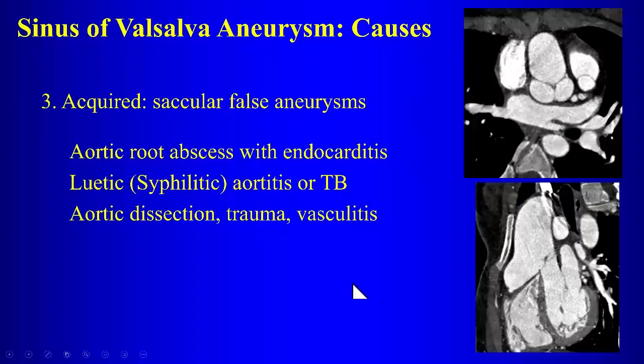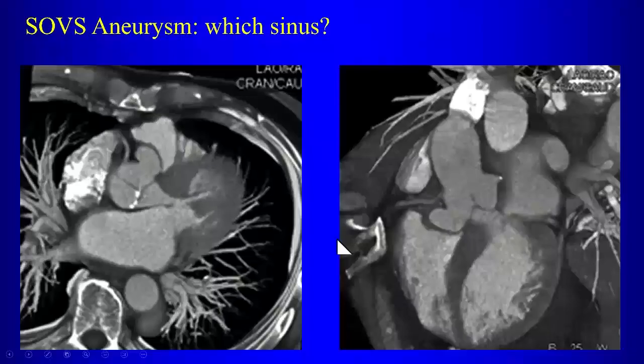And then we can also get these from infection, aortic root abscesses, syphilitic aortitis, TB, and they might also result as a complication of dissection, trauma, or vasculitis. Those are acquired causes of aneurysms of the sinus of Valsalva.